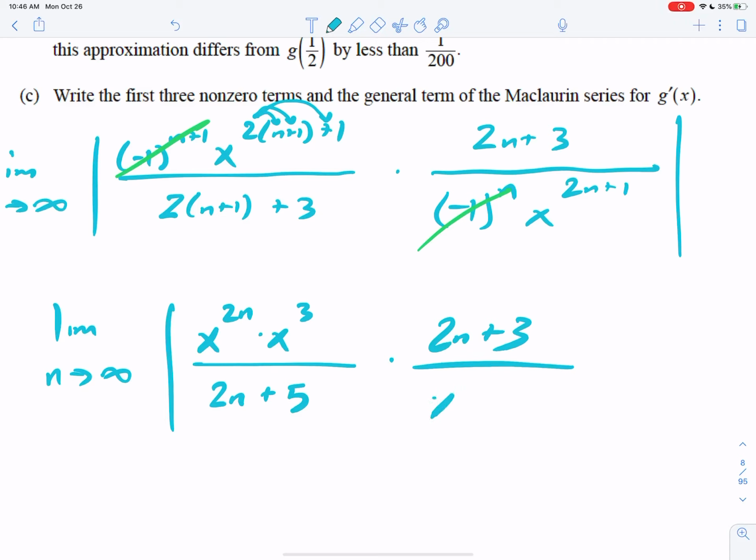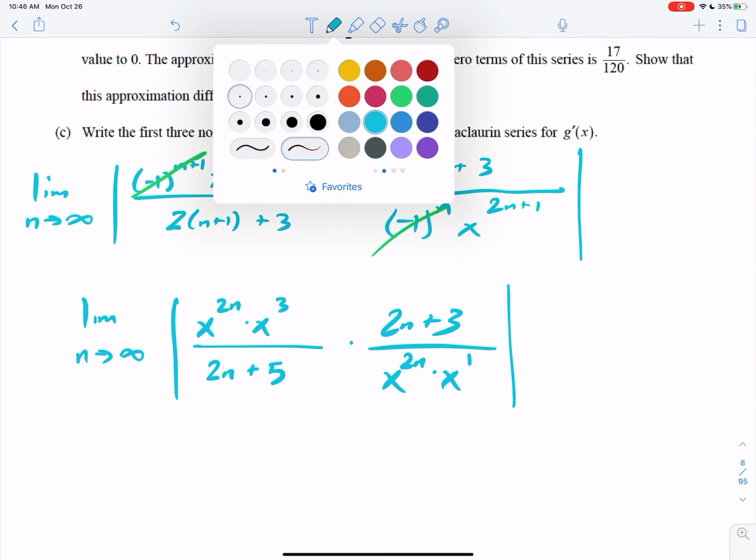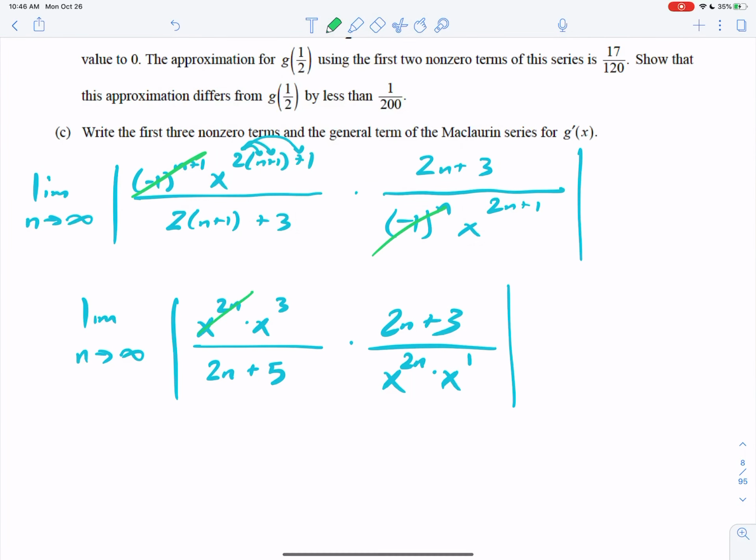Okay, same thing down here. That's x to the 2n times x to the first. Okay, here we go. x to the 2n goes away. You have x cubed and x to the first at the bottom. So if we reduce that, there's going to be x squared left here. All right.